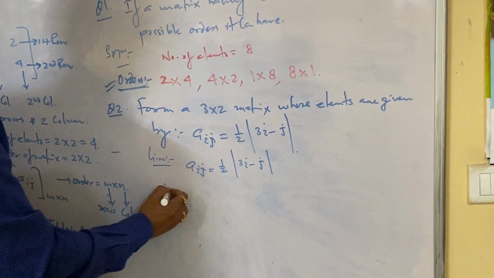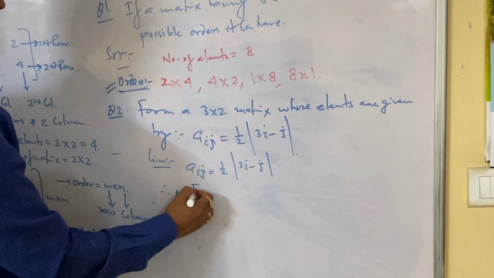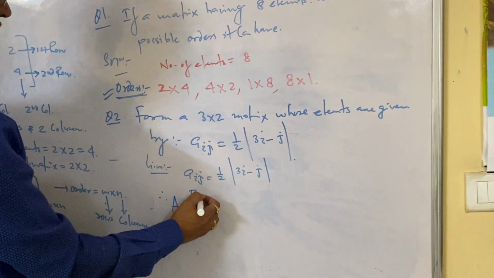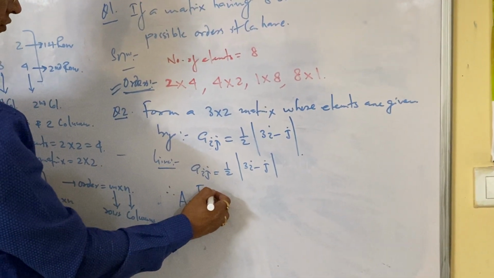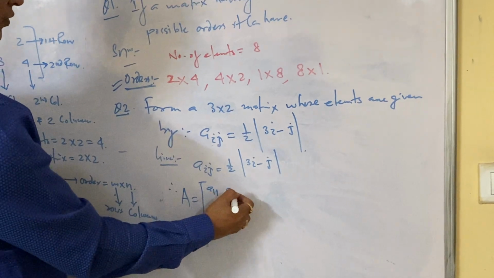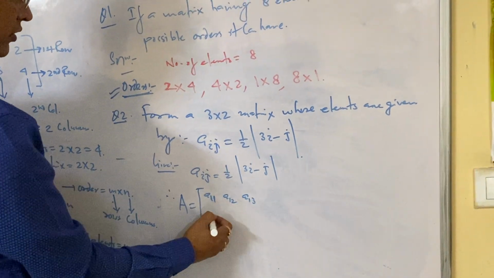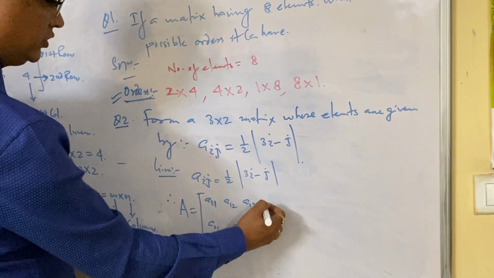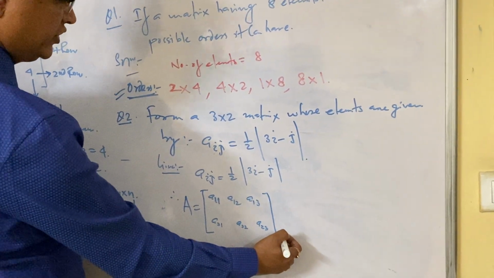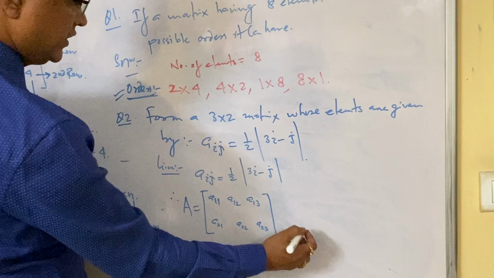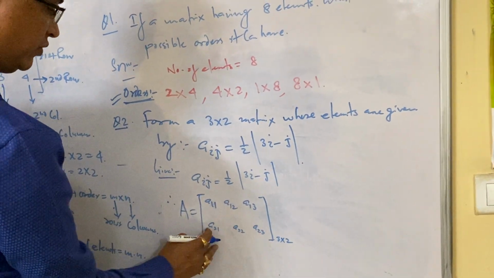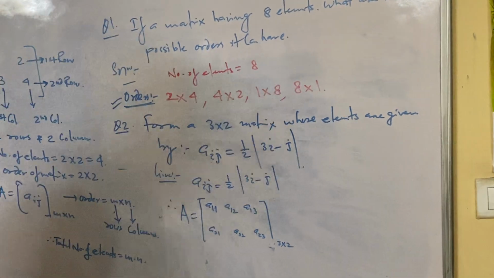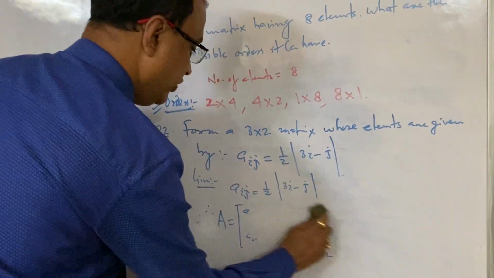So if you consider A as a matrix of 3 by 2, there will be 3 rows and 2 columns. If you write the standard form, I wrote 2 rows and 3 columns, so we have to write 3 rows and 2 columns.